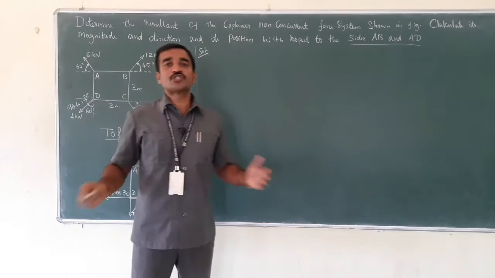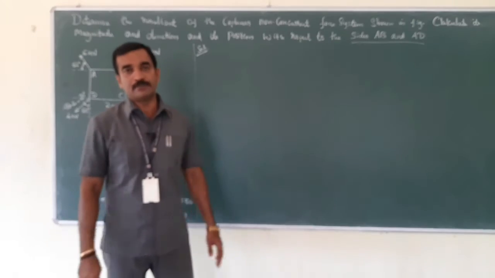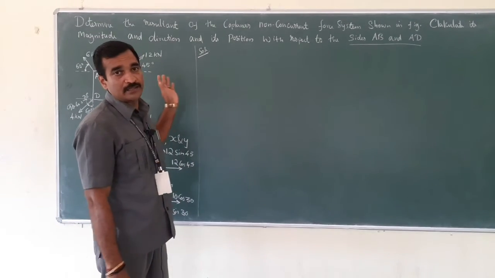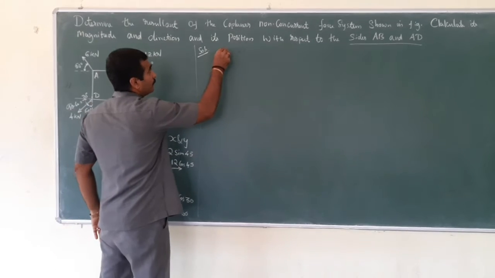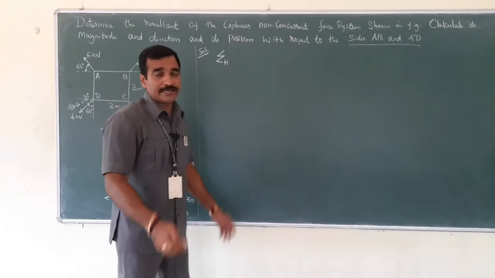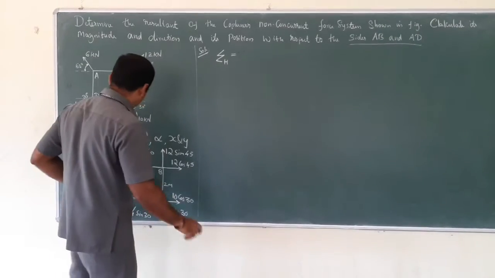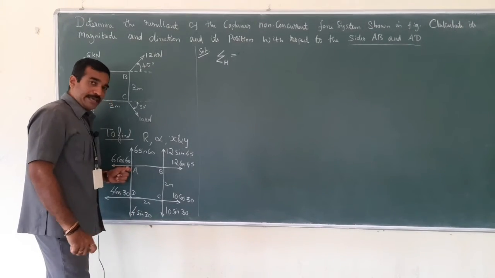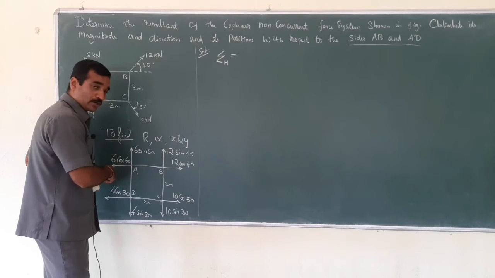So I am going to resolve all the horizontal components separately and vertical components separately because the forces are inclined, right? So resolving the horizontal components, that is resolving all the horizontal forces, which is equal to, look at here at point A, a force which is acting in the negative x direction. Look at the arrow.